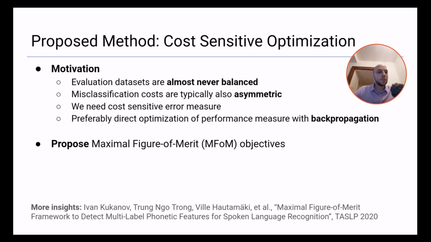And in this work we prefer to optimize performance measure using backpropagation. That's why in this work we propose to use maximal figure of merit objectives with cost-sensitive optimization. More details on maximal figure of merit you may find below in our recent journal paper.